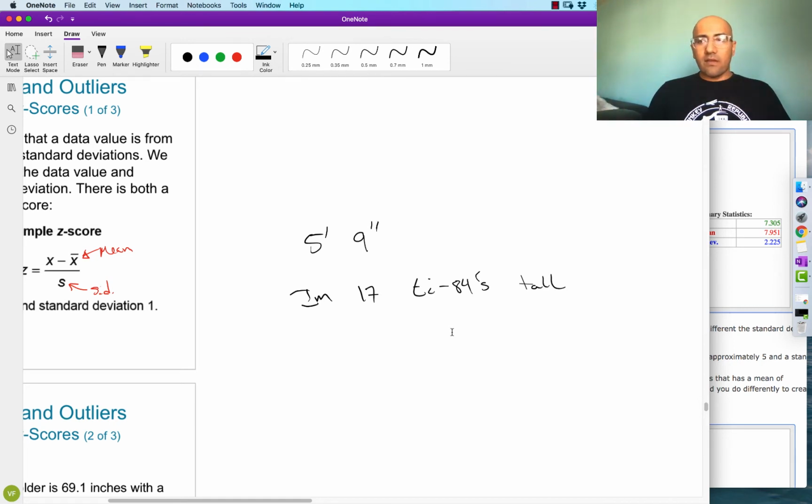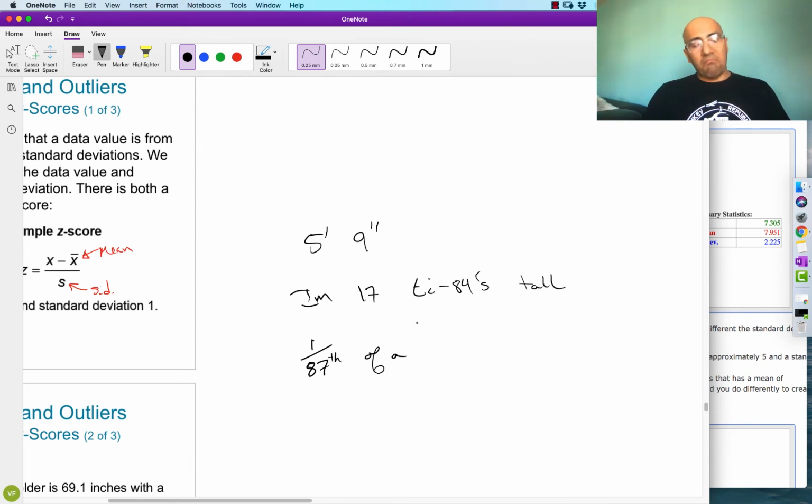We're not comfortable with that because we're not used to seeing that. Or how tall am I? Maybe like one 187th of a football field.